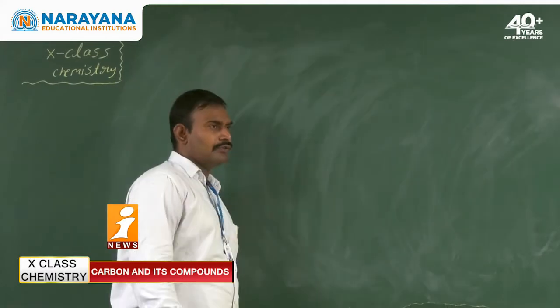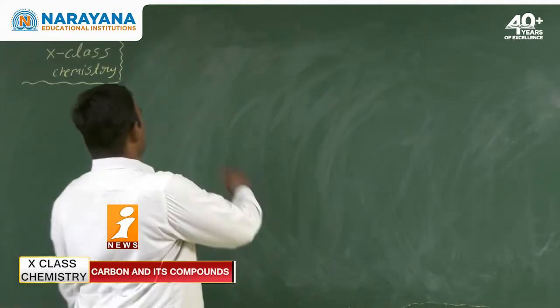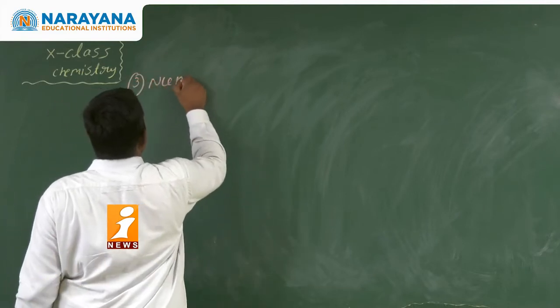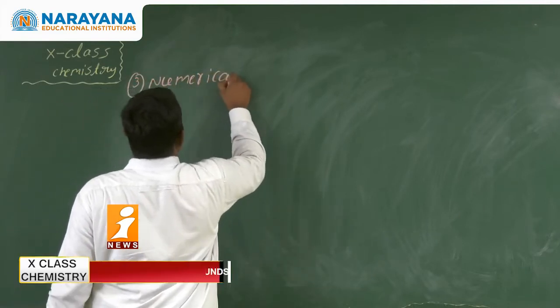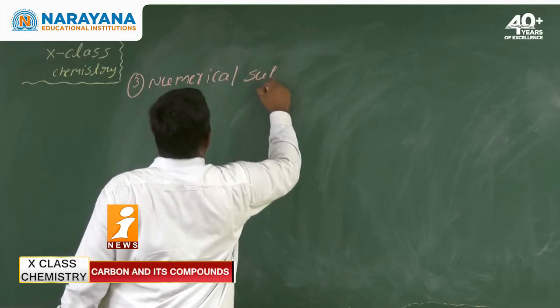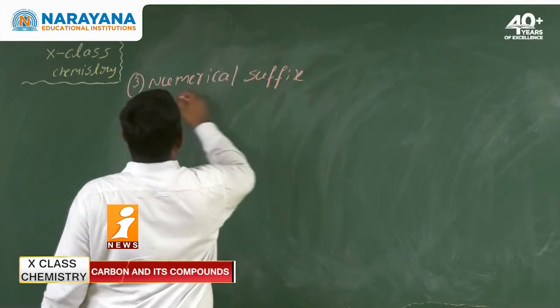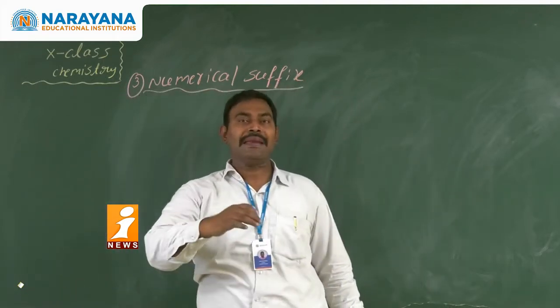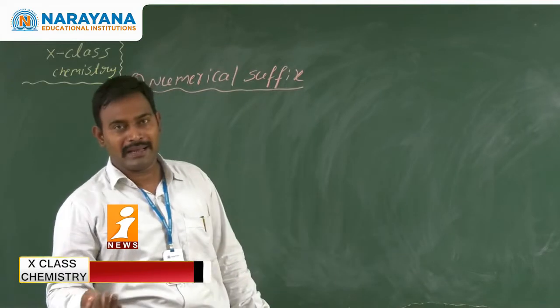Now we are going to discuss the numerical suffix. Here the numerical suffix indicates the same functional group repeating two or more times.